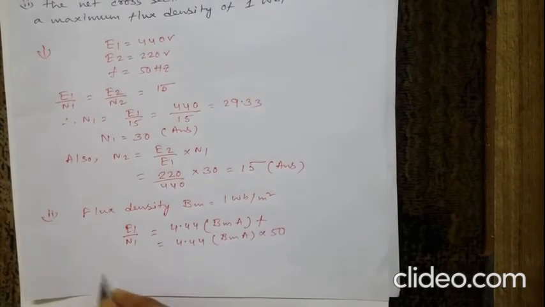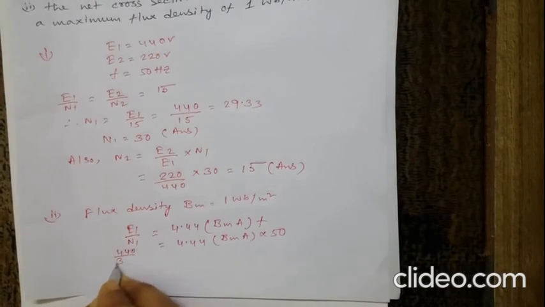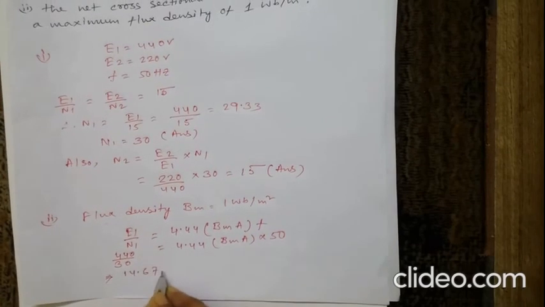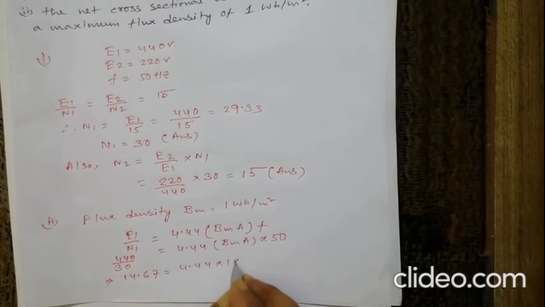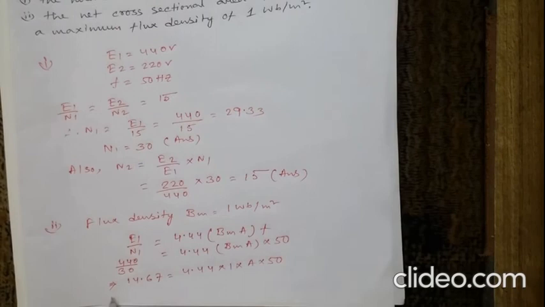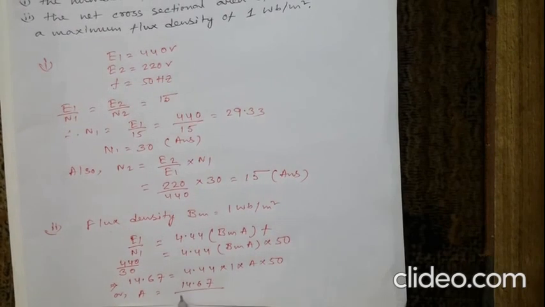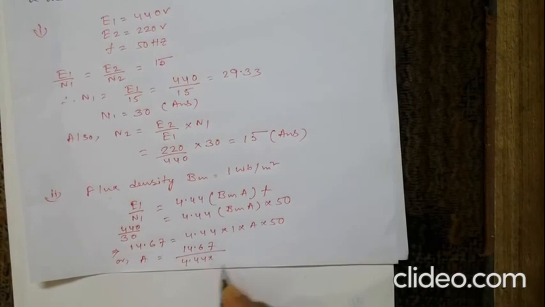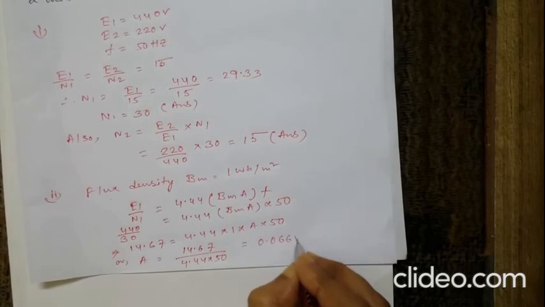E1 by N1 equal to 440 by 30, that is 14.67, equal to 4.44 Bm into A into 50, or A is equal to 14.67 by 4.44 into 50, that is 0.066 meters square.